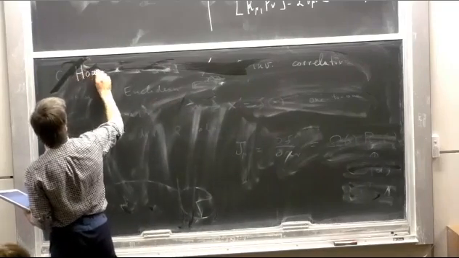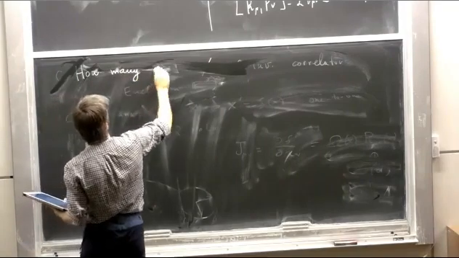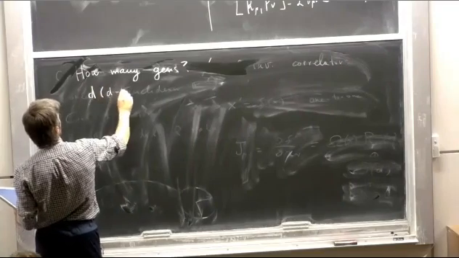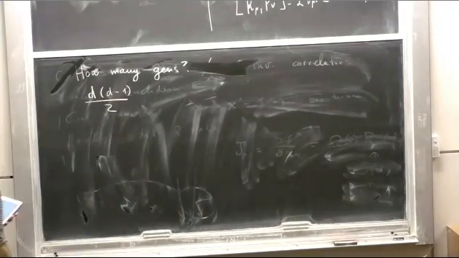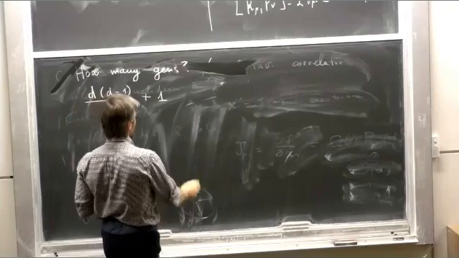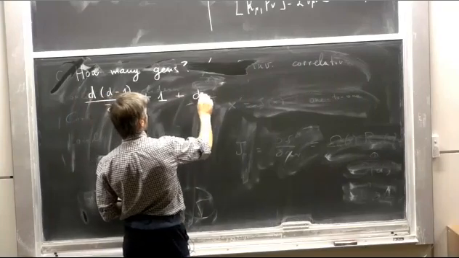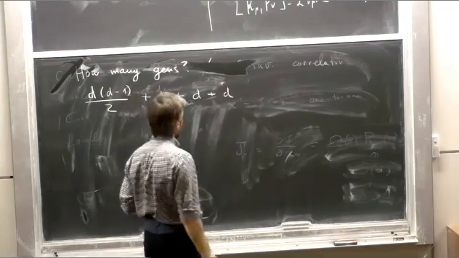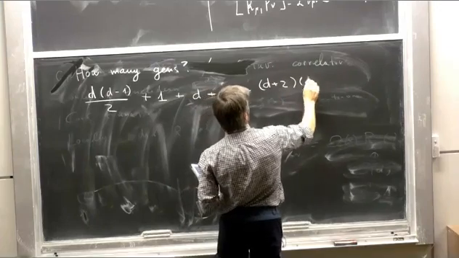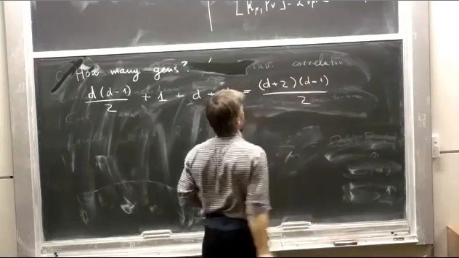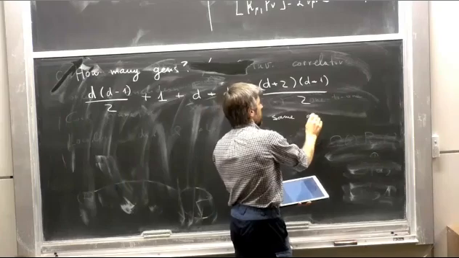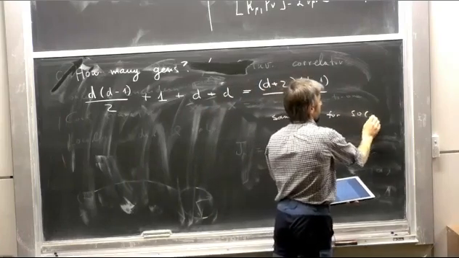We have d times (d minus 1) over 2 from M, the rotation generators. Then we have one generator which is dilatation. We have d generators P and d generators K. If you do the algebra, you'll get (d plus 2) times (d plus 1) over 2. And so the number of generators is the same as for SO(d+2).